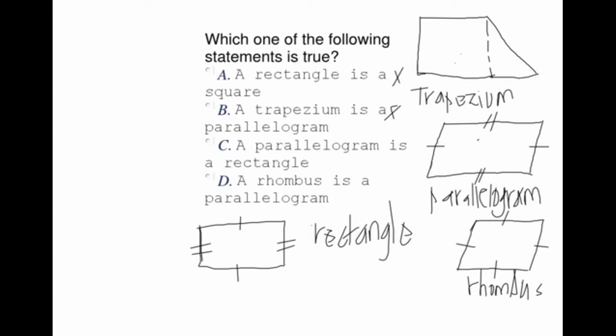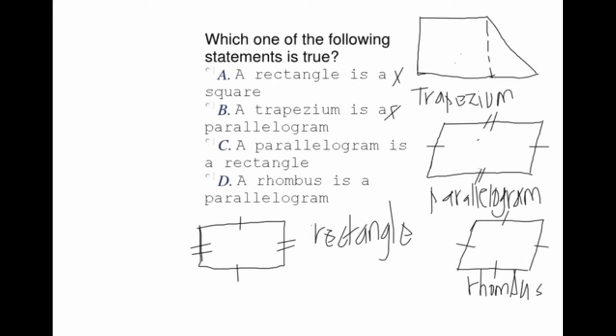Then we are told a parallelogram is a rectangle. So we have a parallelogram whereby we have the length being the same and the width being the same, but width and length are not the same.